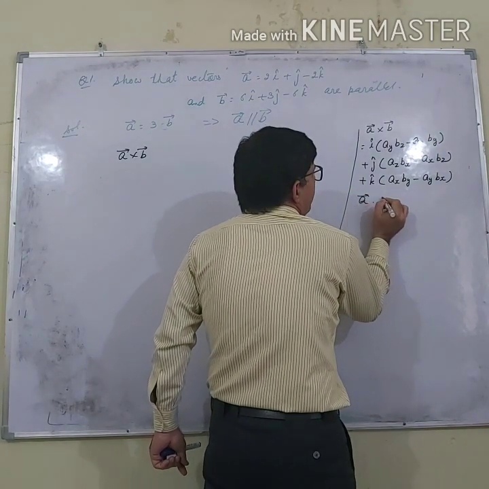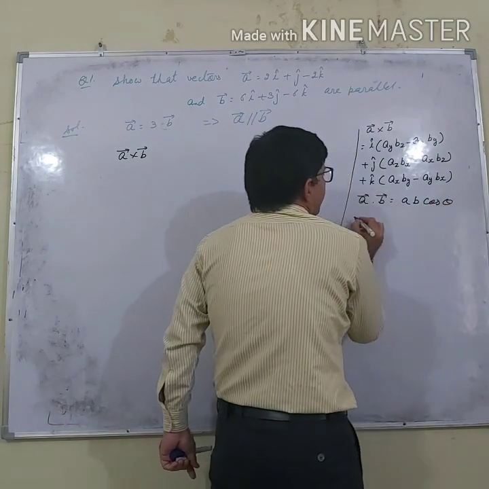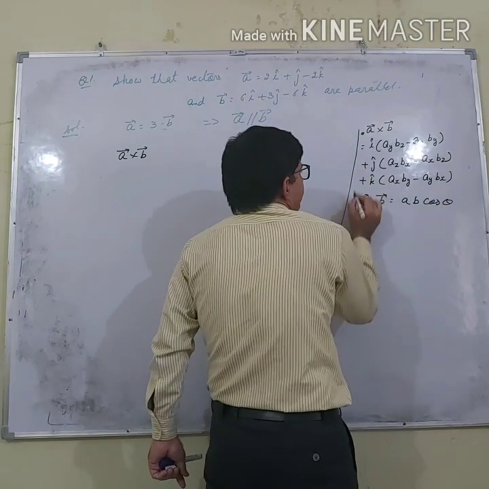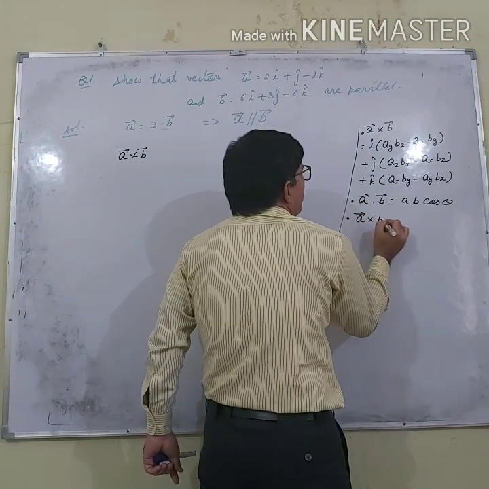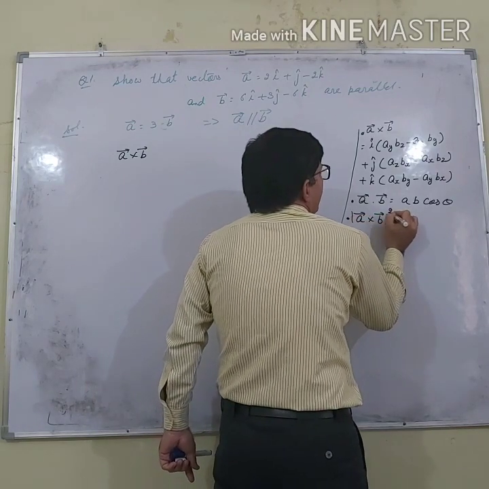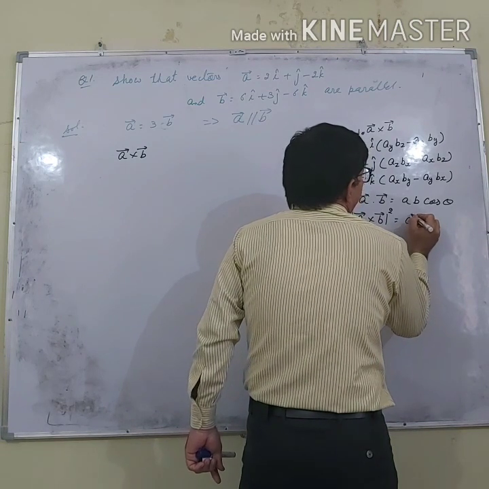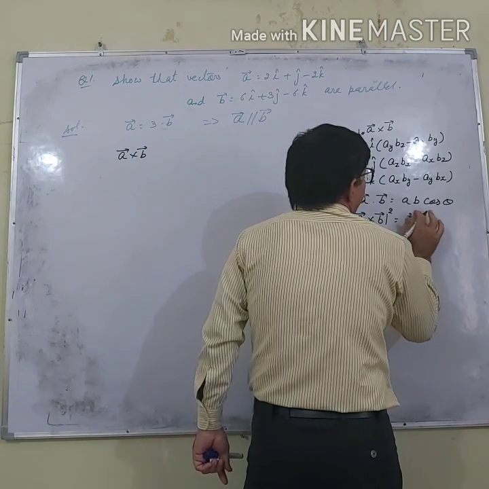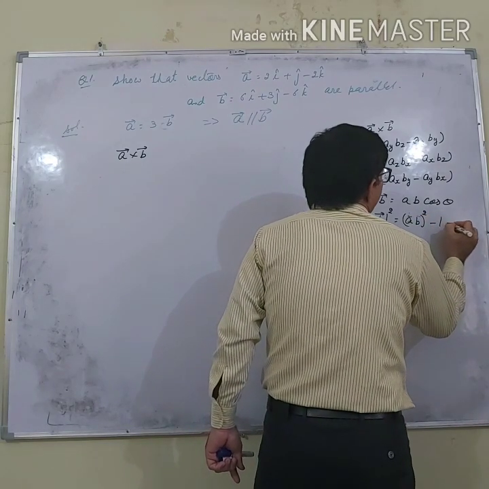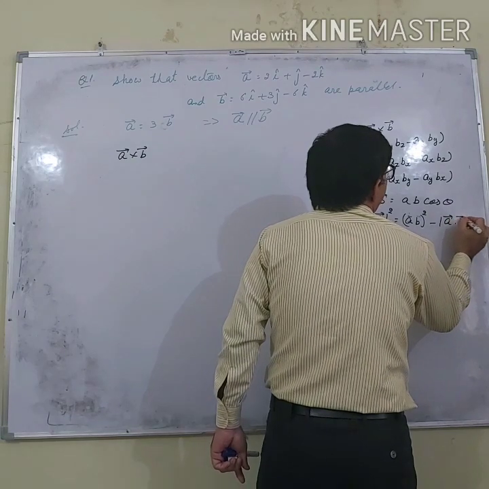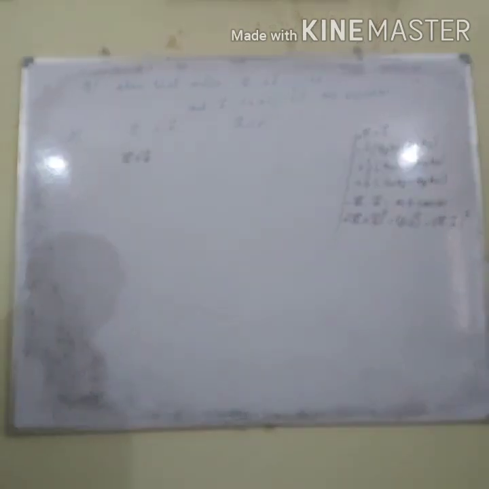And A dot B is AB cos theta. The third relation is magnitude of A cross B squared equals A square B square minus magnitude of A dot B squared. So these are the three relations that you should know.